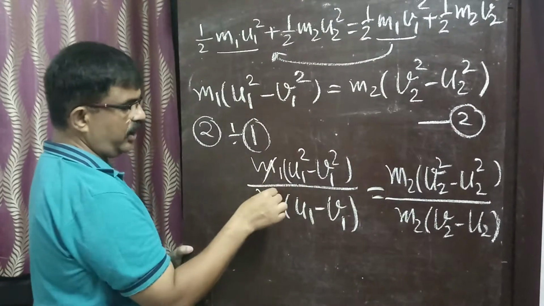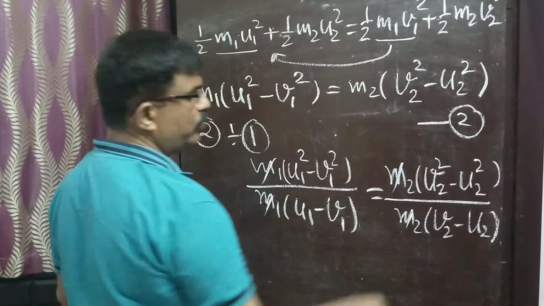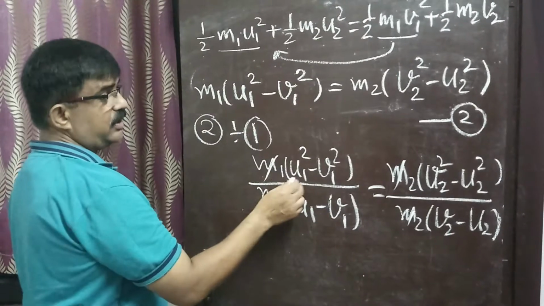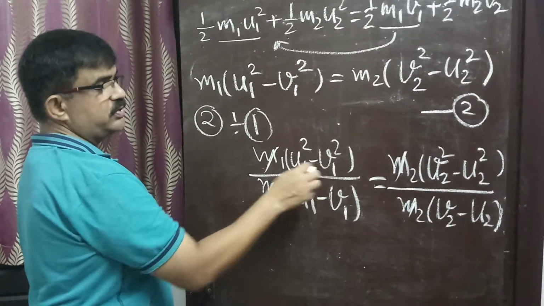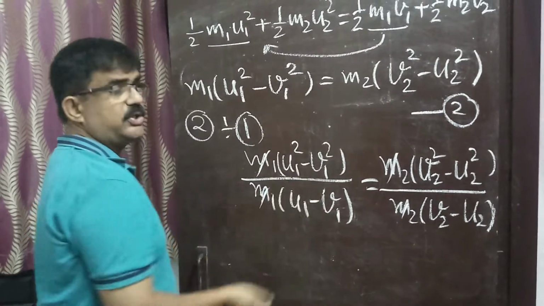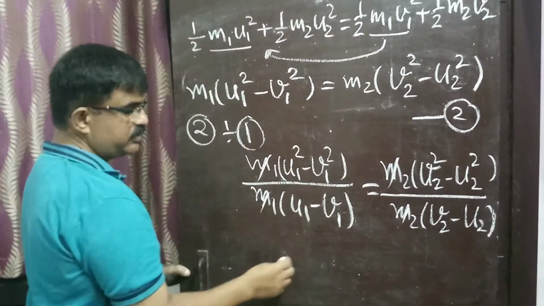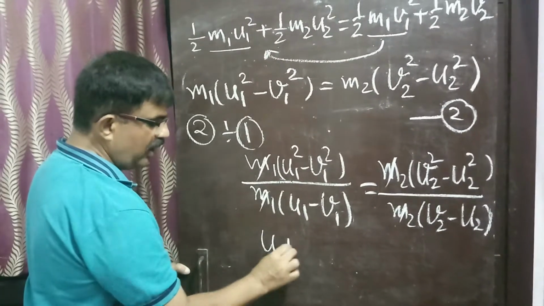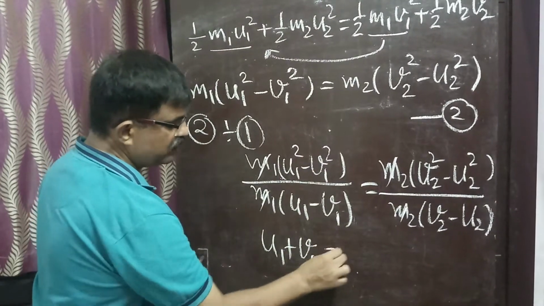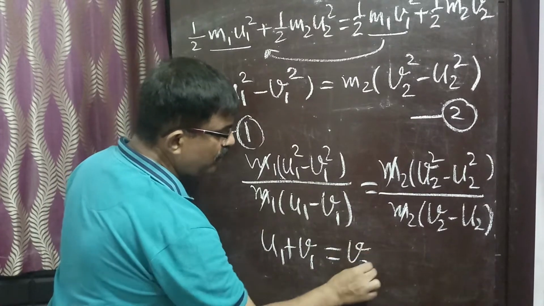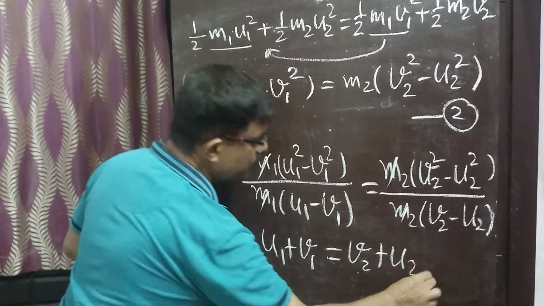Here you see that m1 and m2 are cancelled. Here this is a square minus b square. You know that a square minus b square equals (a plus b) into (a minus b). So a minus b will be cancelled.